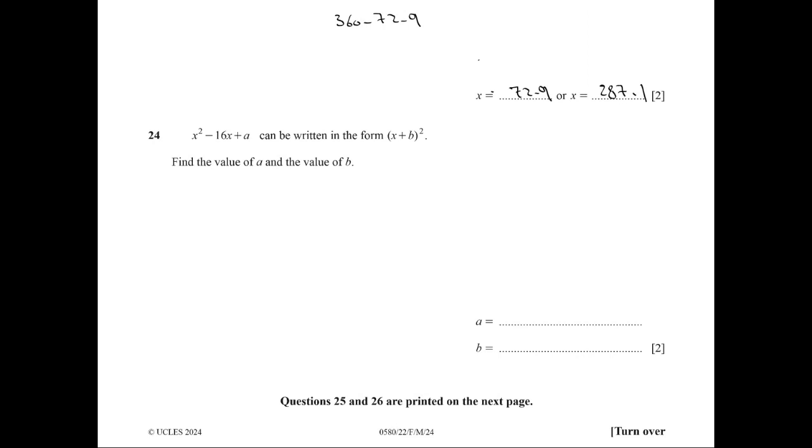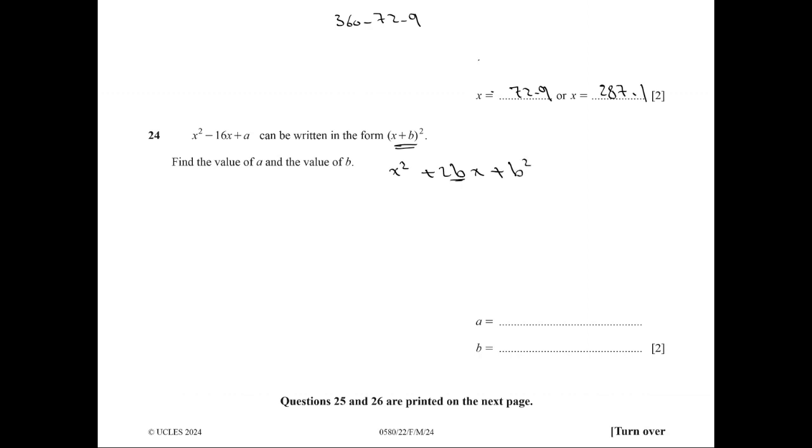Question 24 has too many methods to solve it. The easiest way may be to expand the bracket. (x plus b) to the power 2 means x power 2 plus 2bx plus b power 2.